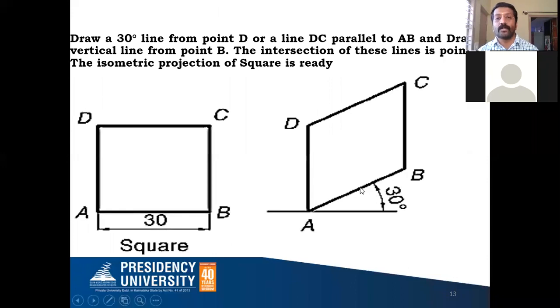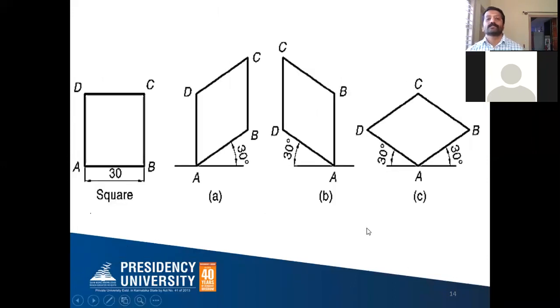So let me put together all these views. Say A, B, C. The first one we tried is figure C, the second one we tried is figure B, and the third one we drew is figure A. The same square's isometric projection can be drawn in any of these three ways, but in almost 95% of cases we discuss C, the first one.